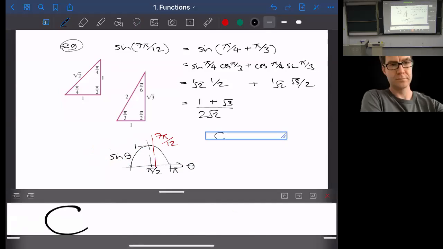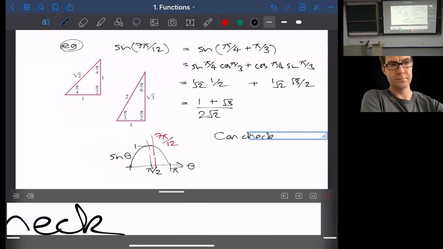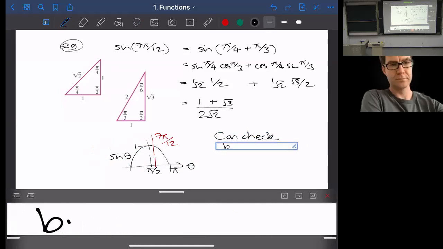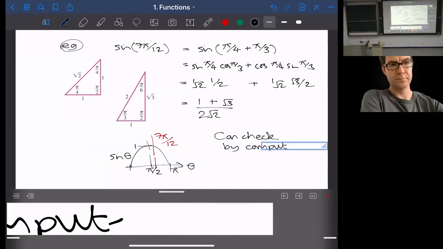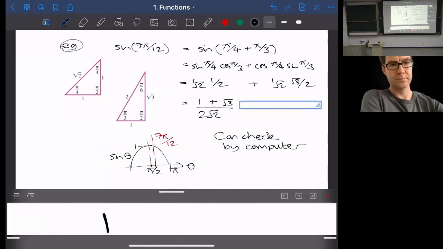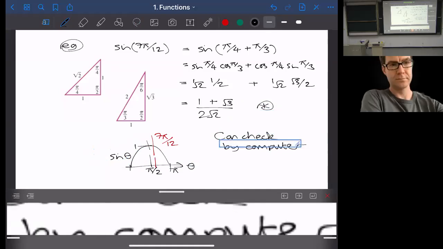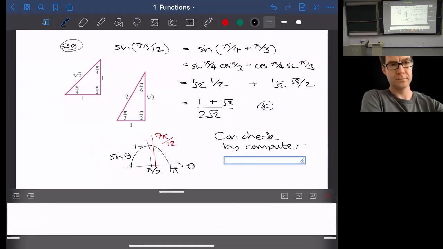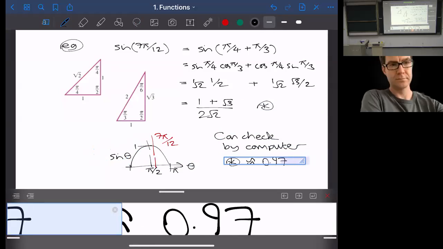So I can check my computer or calculator. This is about 0.97.